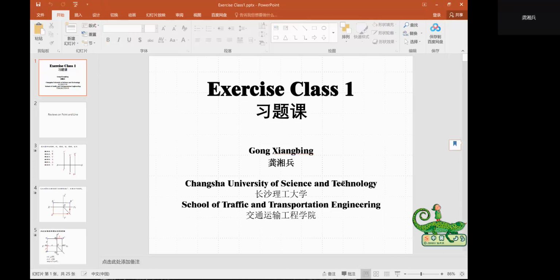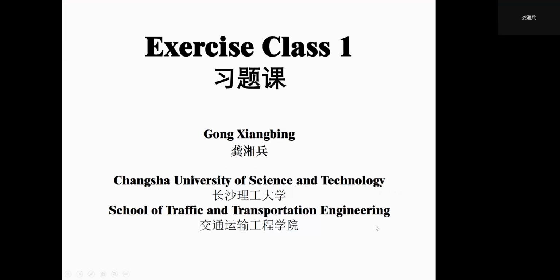So we do the exercise for class for today. We finished the line and point projection, these two basic elements on the 3 projection view system. So we use questions to help you understand what we talk about in the presentation of this class.